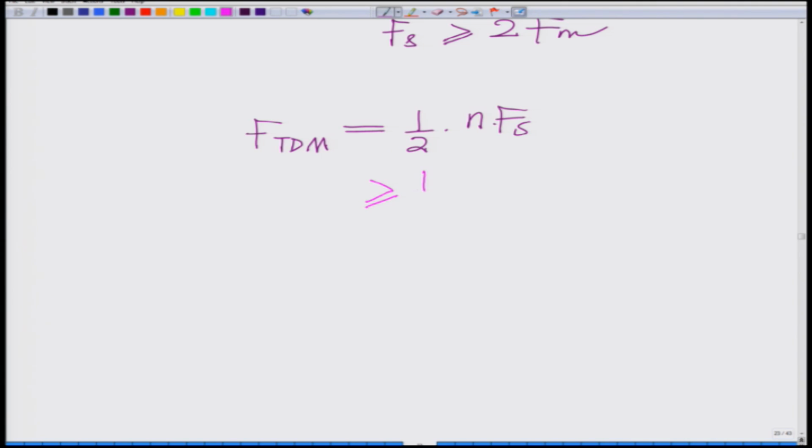Therefore, this is greater than or equal to half n into twice Fm, which is equal to n times Fm.